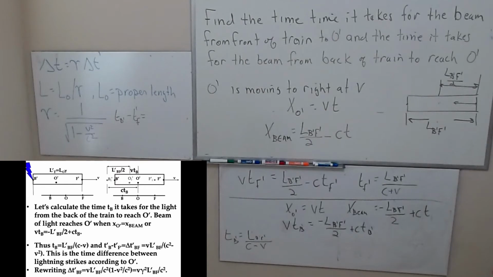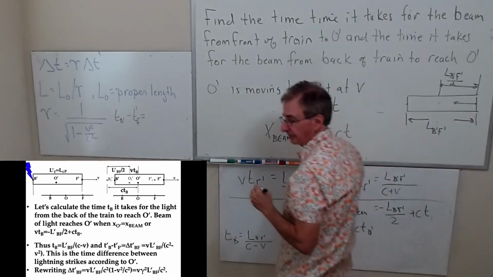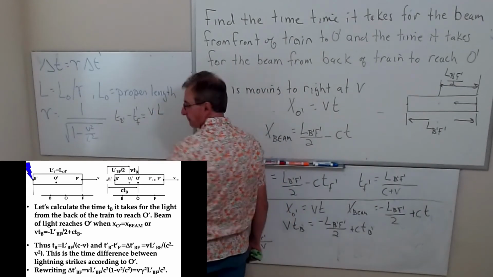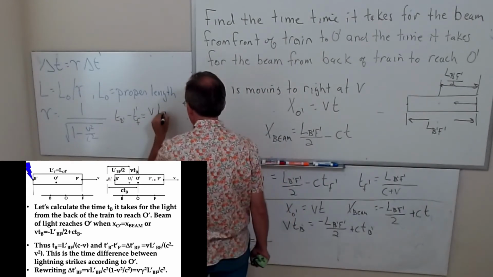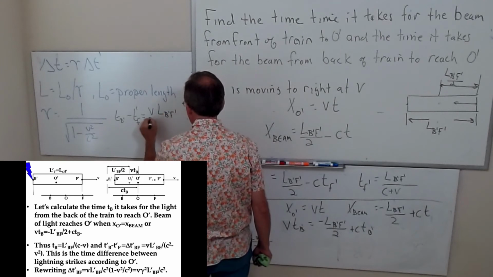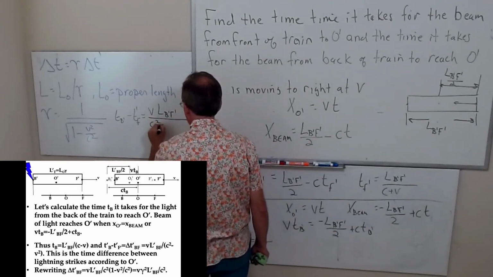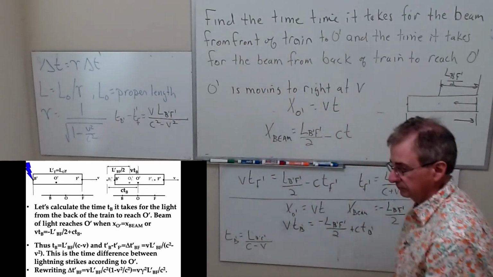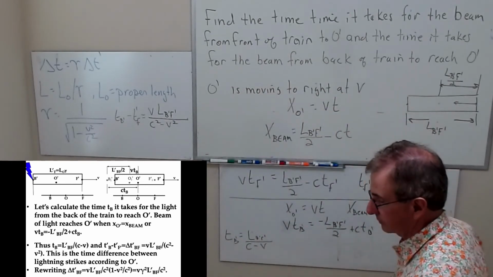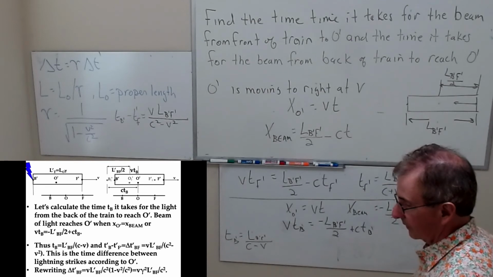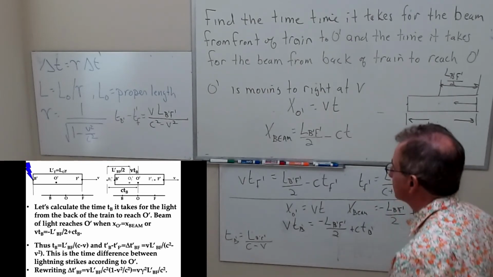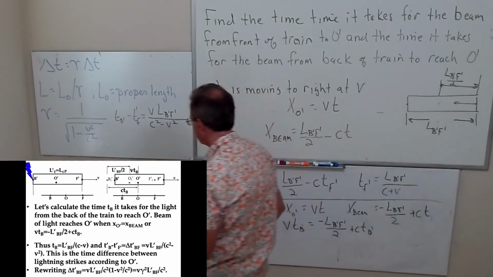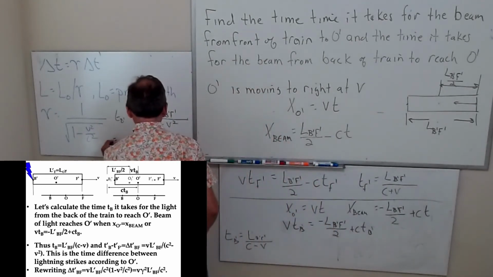Now you take the difference, and you'll get this. If you factor out a C squared, and I notice I have a lot of notation issues. I apologize.